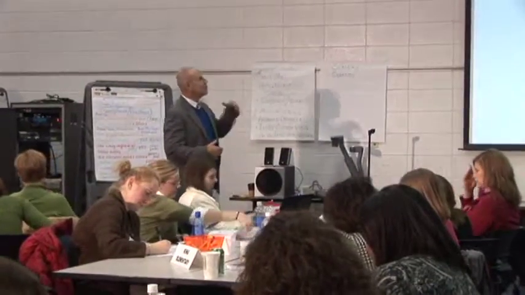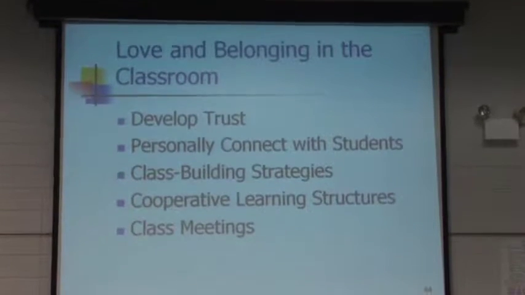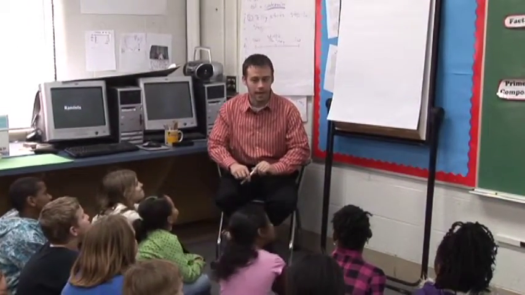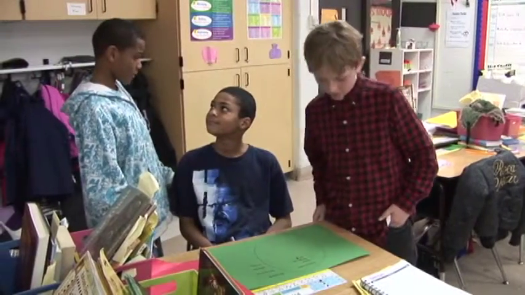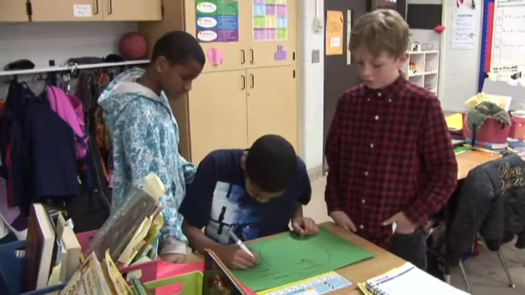In this program, John Erwin will present specific strategies teachers can use to make the content they are teaching appeal to students. As we have learned in previous videos, teachers can use their knowledge of basic needs to create effective lessons. For instance, lessons that involve team or group work meet students' need for belonging.